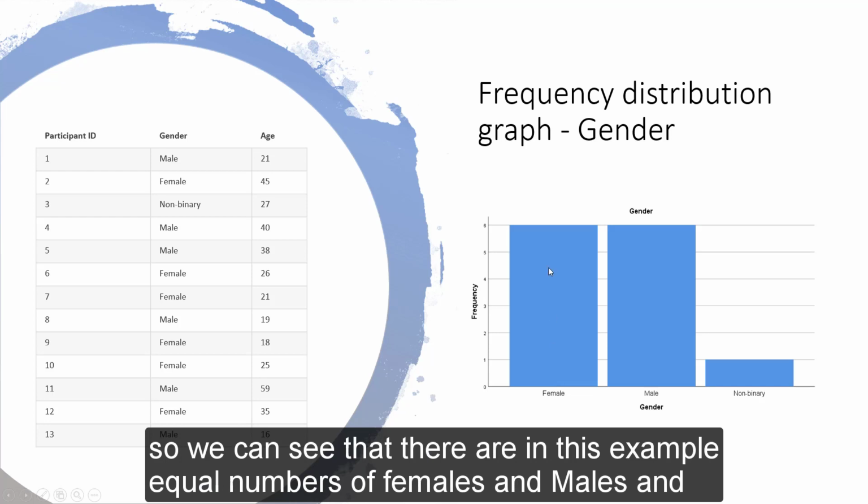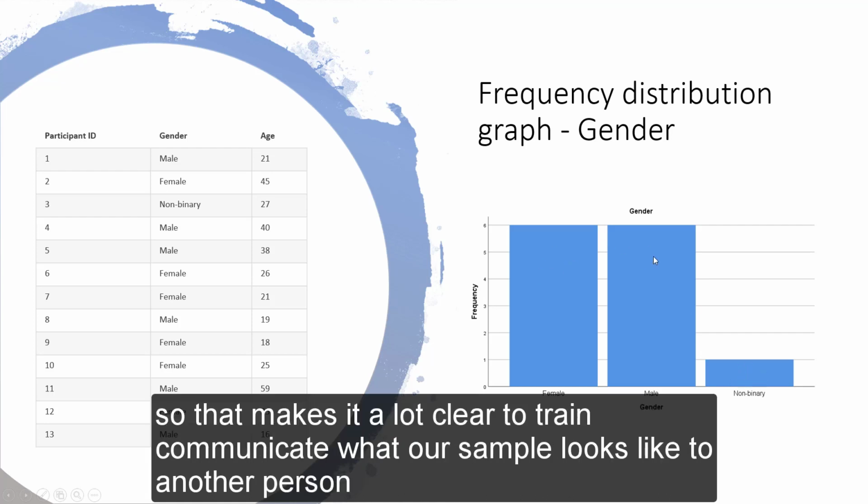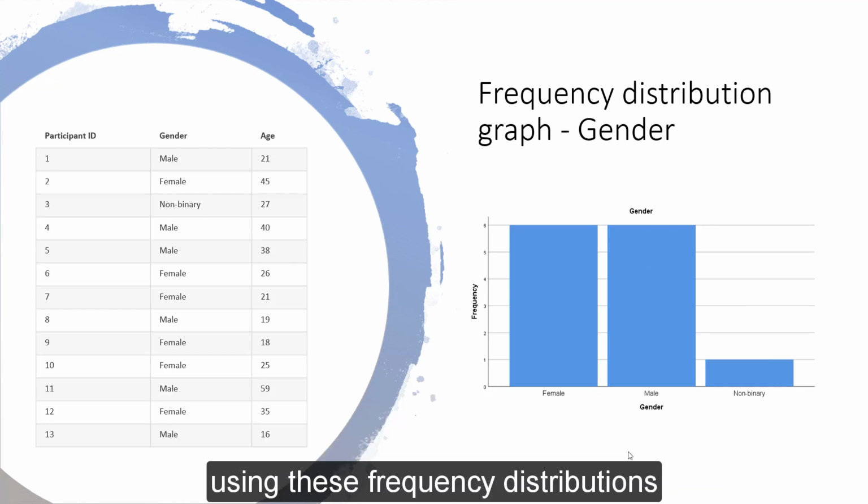So we can see that there are, in this example, equal numbers of females and males, and there's one individual who identifies as non-binary. That makes it a lot clearer to communicate what our sample looks like to another person using these frequency distributions.